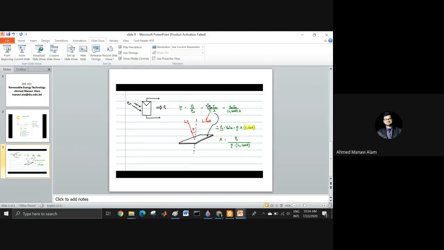I hope these formulas are not unfamiliar to you. The output power is Vm into Im, maximum voltage into maximum current. And P in, the input power, is the solar insolation into area. So this is the solar insolation into area.